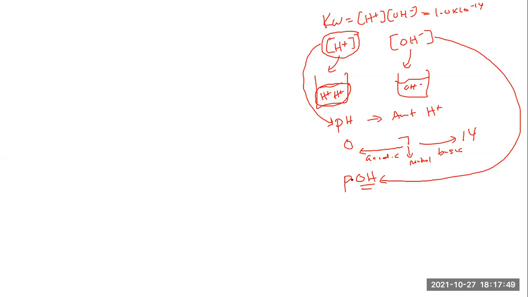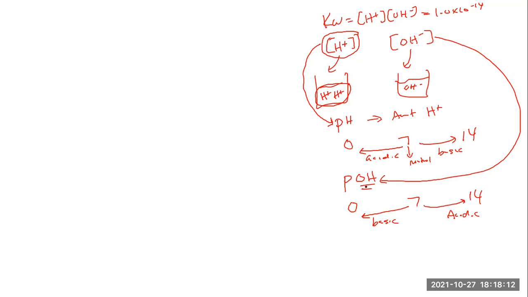But we should be very careful as well. The pOH scale actually runs opposite of the pH scale. The pOH scale is also 0, 7, 14, but on the pOH scale, below 7 is actually basic and above 7 is acidic.